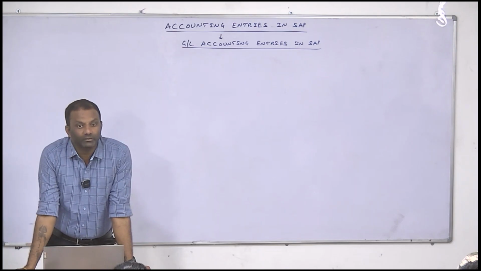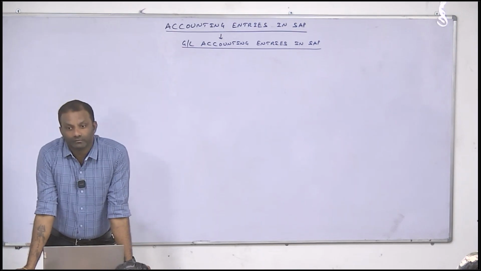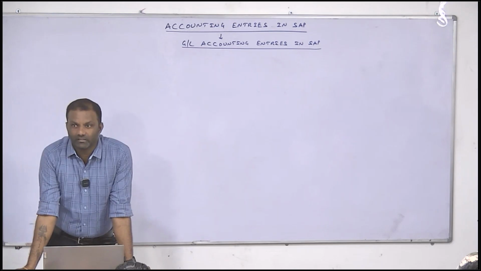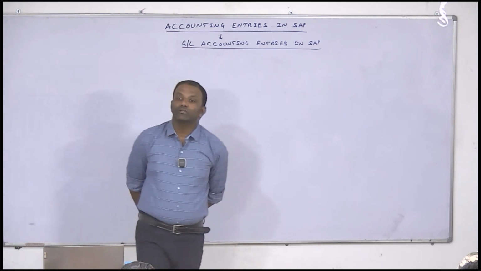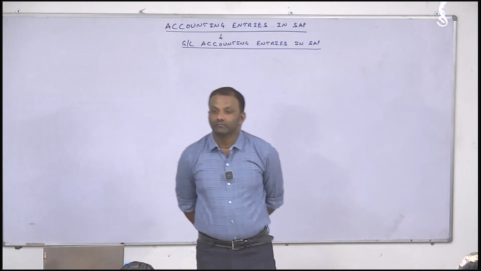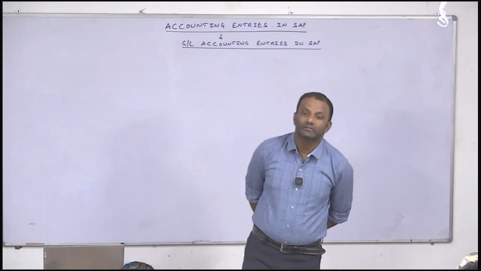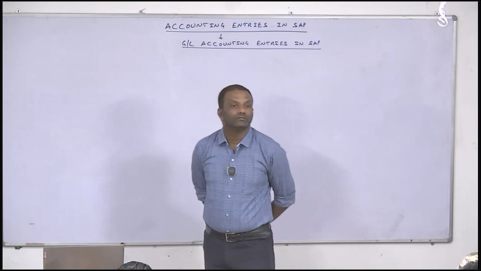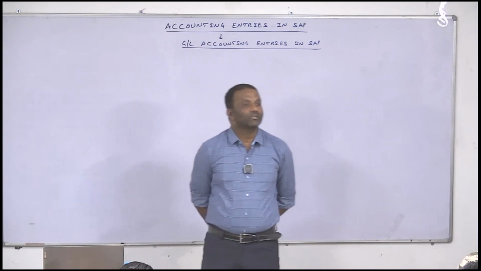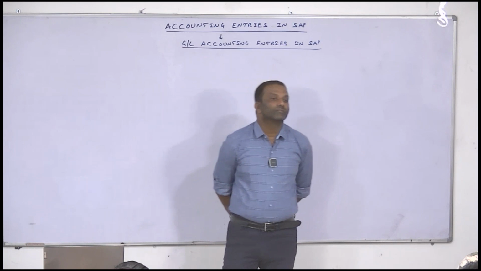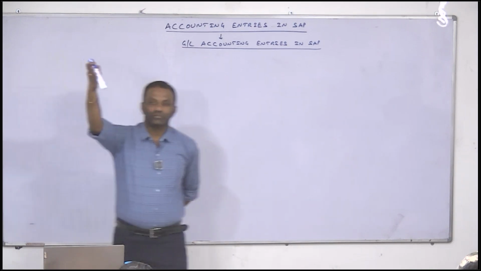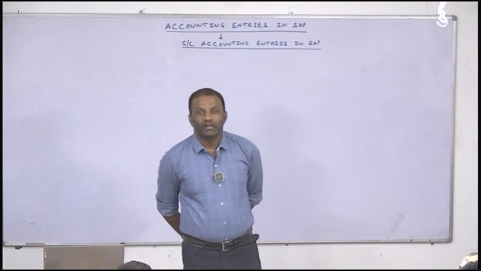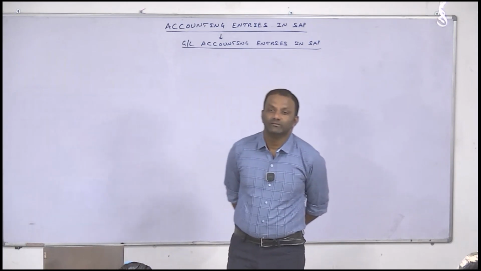Rent account debit to cash account. Rent account debit to cash account. Third row: rent account debit to cash account.